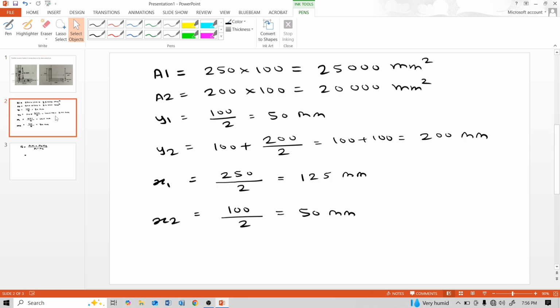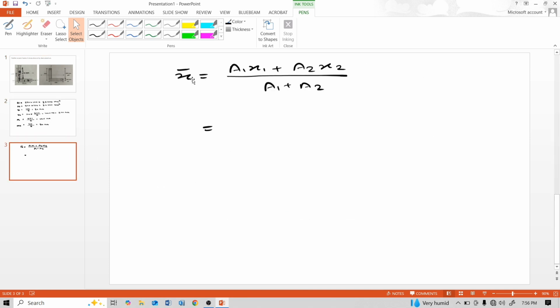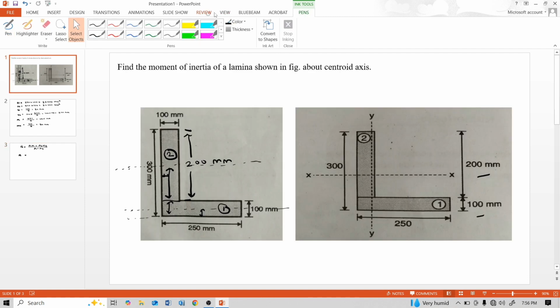What is this x bar meaning? This x bar is from this to this side.